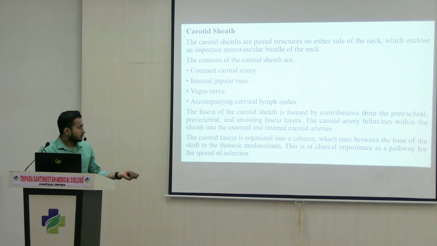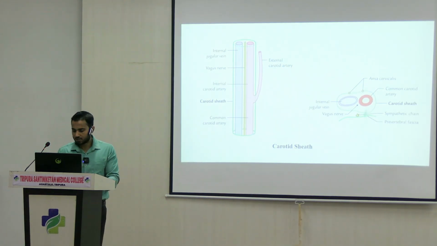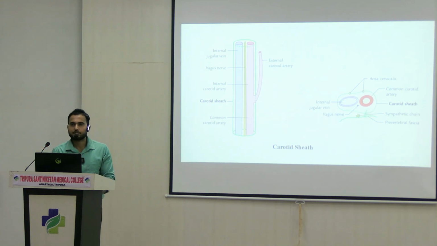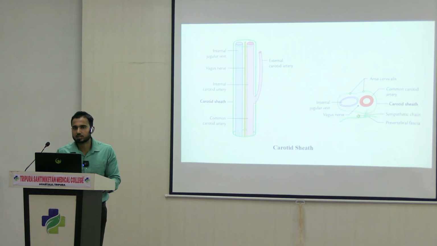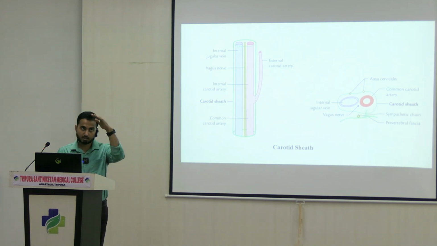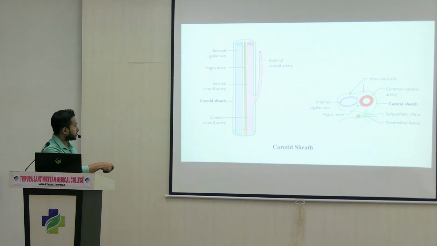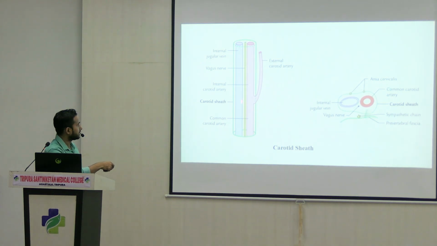Now here you can see the diagram of the carotid sheath. As I said, it is a fascial covering derived from pretracheal, prevertebral, and investing layer of deep cervical fascia, extending from the superior mediastinum to the base of the skull. Inside this, you can see the important structures: common carotid artery, situated medially; laterally, the internal jugular vein; and in between these two, the vagus nerve.